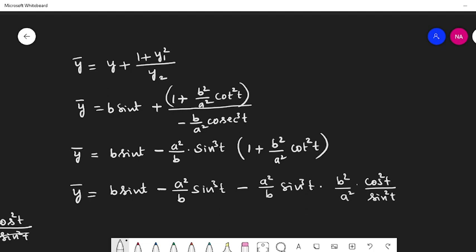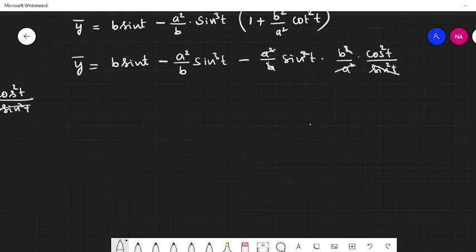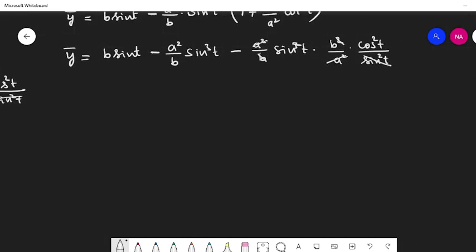Now here this a square gets cancelled with this, and one b term cancels with this, and sin square t cancels with this, and one term of sin is remaining. So we get y bar equal to b sin t minus a square by b sin cube t minus, here only b is remaining, sin t into cos square t.